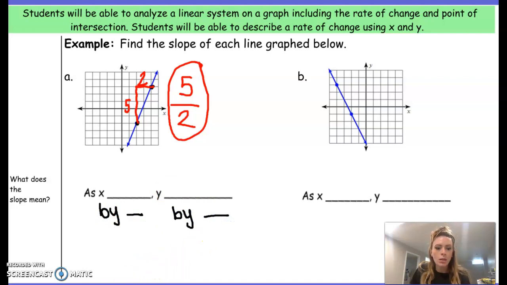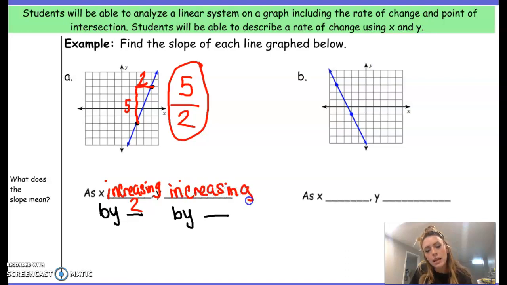Okay, so as X was increasing by 2, Y was increasing by 5. I'm not good at my pen yet. Okay, so go ahead and pause your video, see if you can do the next one, and then we'll check ourselves.